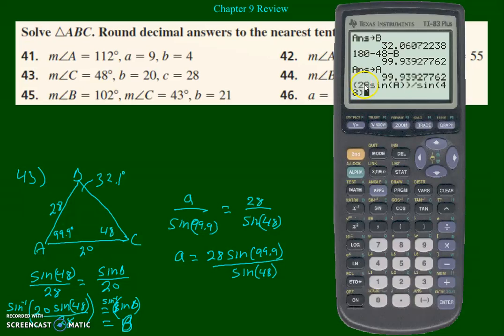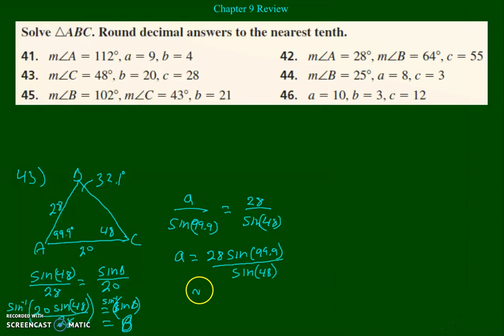We have 28 sine A, because 99.9 was stored in A, and that's divided by sine 48. Hit enter. 37.1 is our side. So it's approximately 37.1, and that is 43. We'll do 44 in the next video.